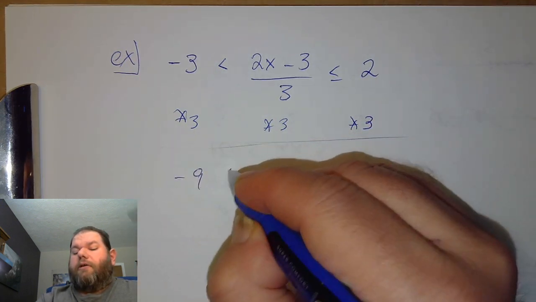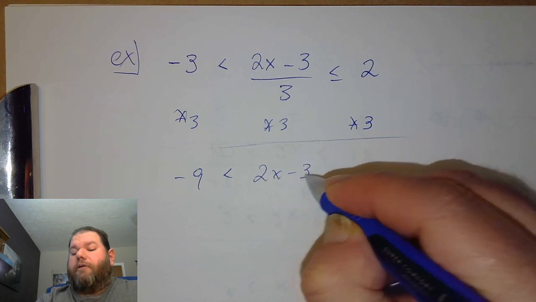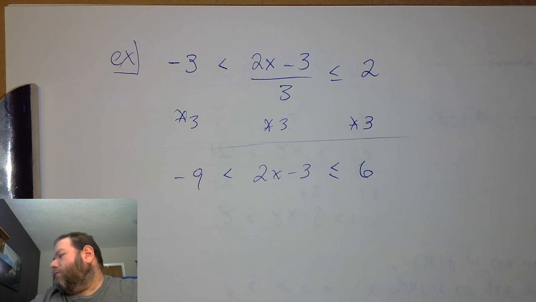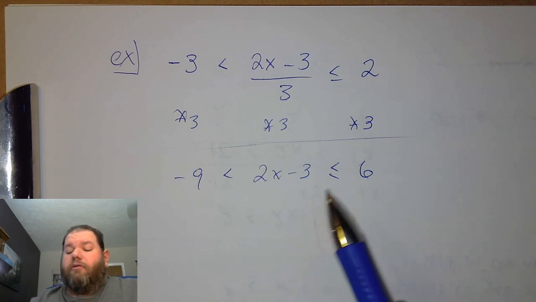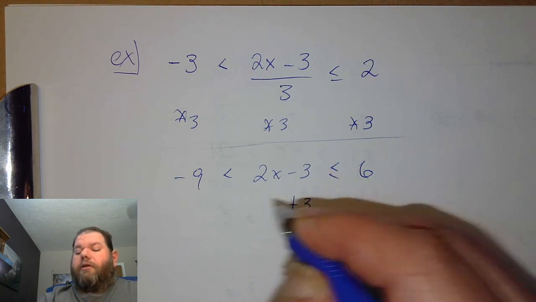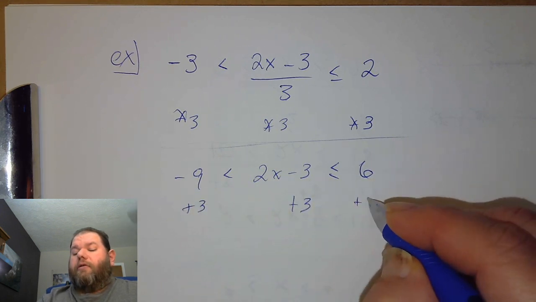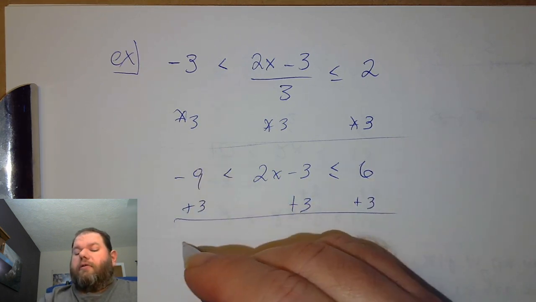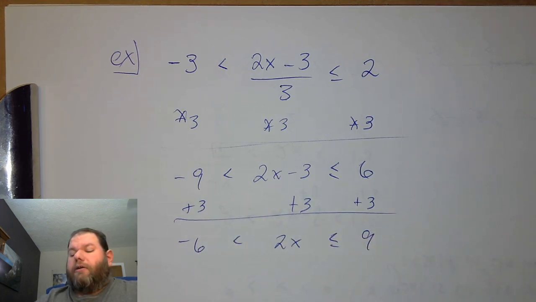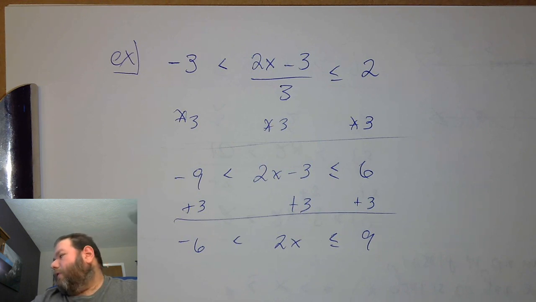So it's -9 less than 2x minus 3 less than or equal to 6. Next we have 2x minus 3, so with the minus 3 we would add 3 to each part. So that's -6 less than 2x less than or equal to 9. And finally, we would divide everything by 2.